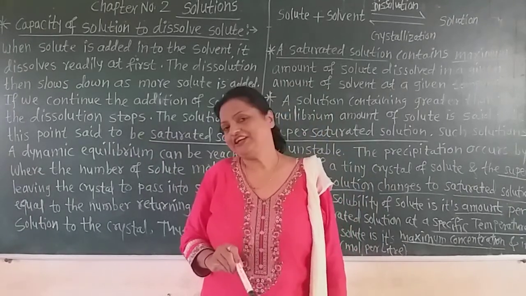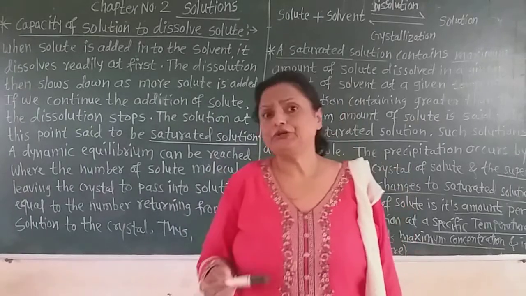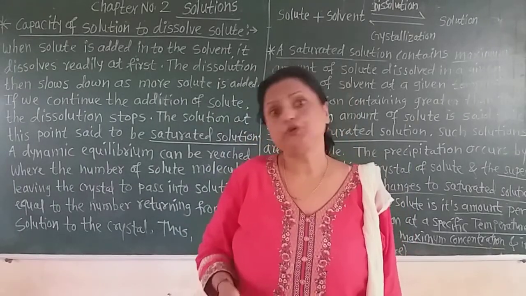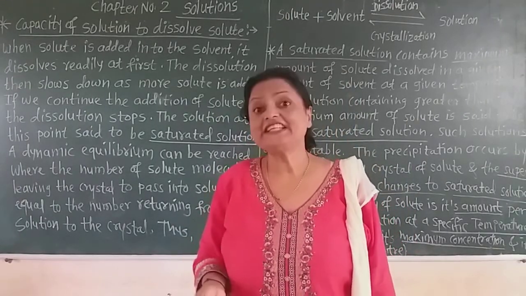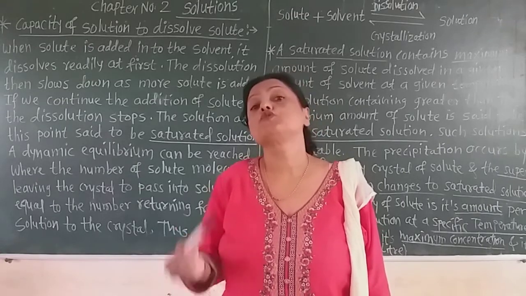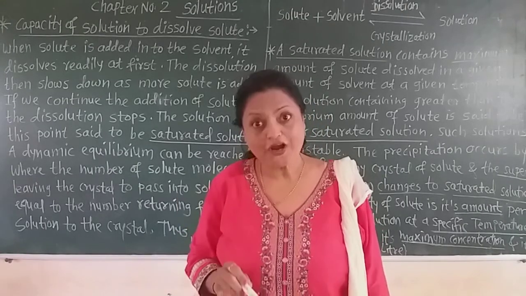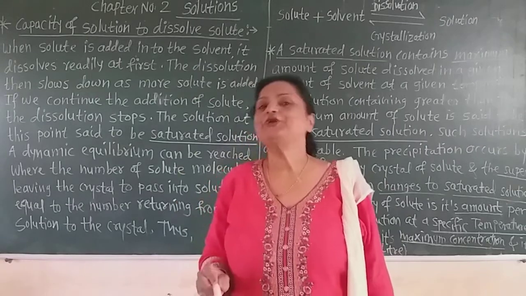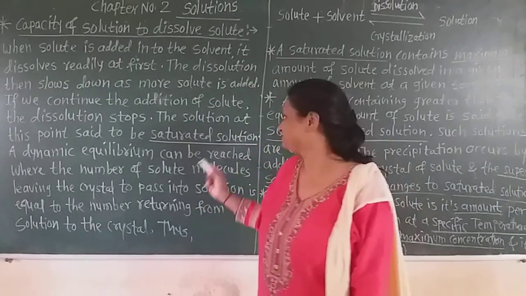Remember that when we continue the dissolution of solute into that solution, one stage comes when the dissolution of solute gets stopped. At that point, the solution is said to be a saturated solution.